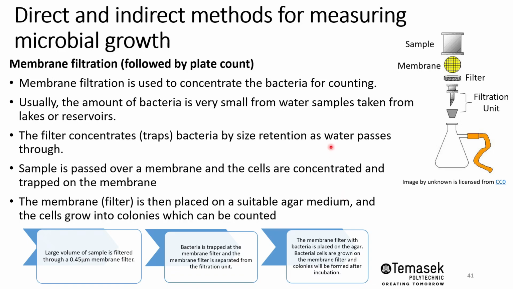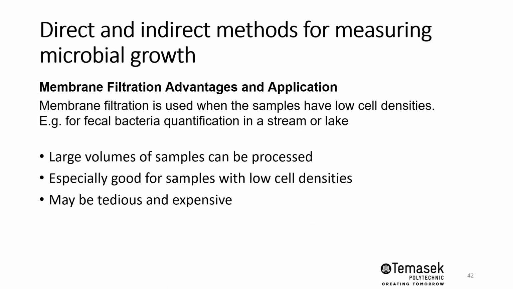Some of the advantages and applications of this membrane filtration method for directly measuring microbial growth are for samples with low cell density. As I mentioned just now, you can process a large volume of sample at one time. It's really good for picking up microbial contaminants in any of the samples, not only in the food industry or even in the environmental industry.